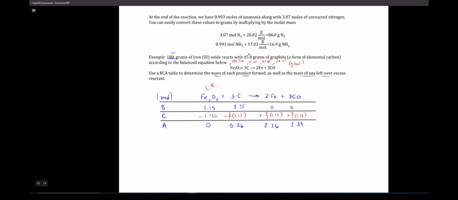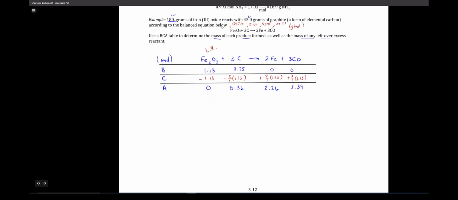You always lose reactants and gain products. Once you've determined the limiting reactant, the numerator is always the other chemical, so 3, and the limiting reactant's coefficient is the denominator. So 3/1, 2/1, 3/1.